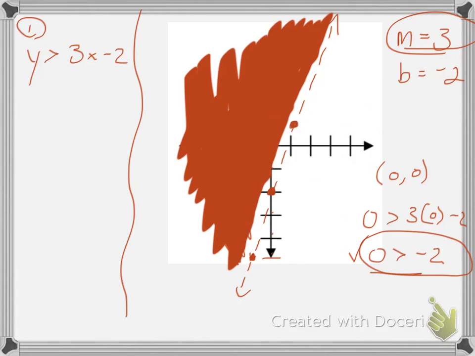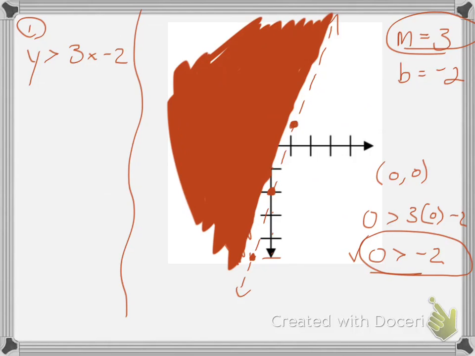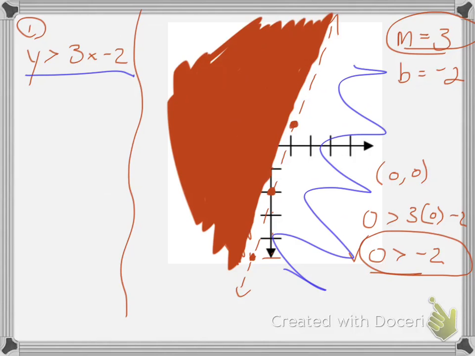A shortcut here that I'll teach you, but understand that this is what this means. What it means is if I pick any of these points that are in this shaded area and plug them back into this inequality, it will come out to a true statement. If I pick any of these points that are in the half plane that's not shaded, it will not be a true statement.